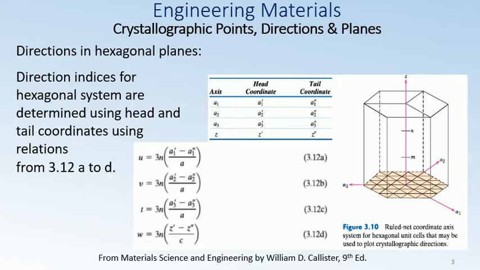For example, here in the bottom you can see that you have divided the base into equivalent units, and this procedure is called the ruled net coordinate axis system for the hexagonal unit cell, shown in figure 3.10 on the right side of your slide. You draw crystallographic directions with the help of this ruled net coordinate axis system.